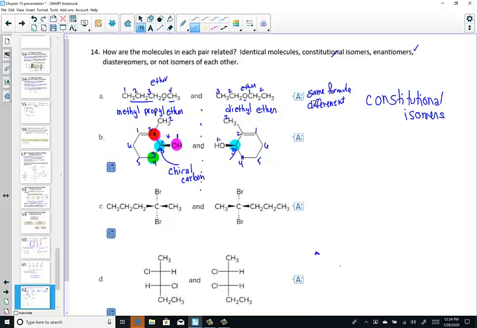Let me make those purple. 1, 2, 3. That's the direction it's spinning, clockwise. How about this direction? 1, 2, 3. Those priorities are now spinning counterclockwise. They are indeed mirror images with a chiral center, and that's our very definition of an enantiomer. Not spelled right. Enantiomer.